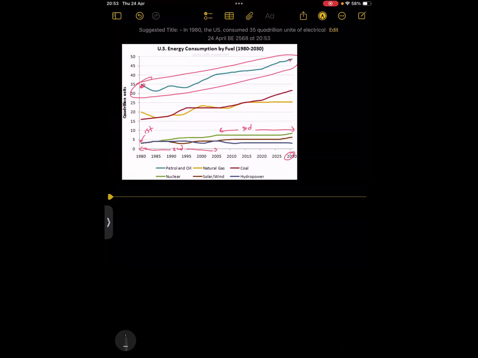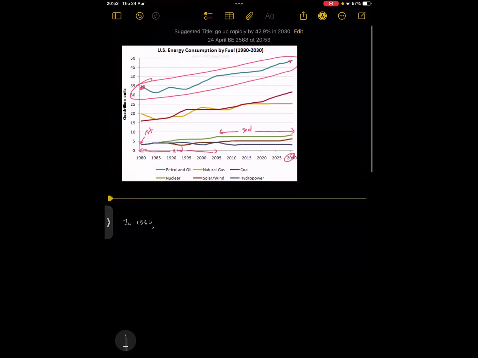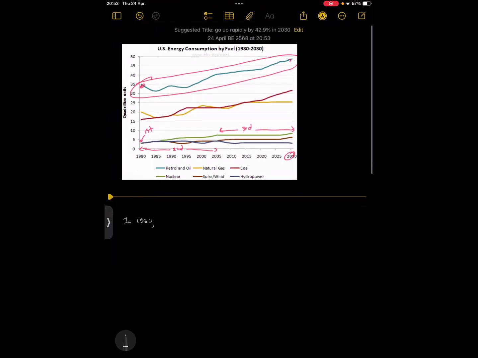If you look at what happened at the beginning here, we can see that in 1980, it was less than 5 quadrillion units, right?